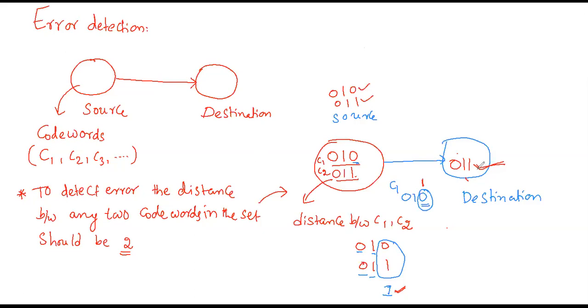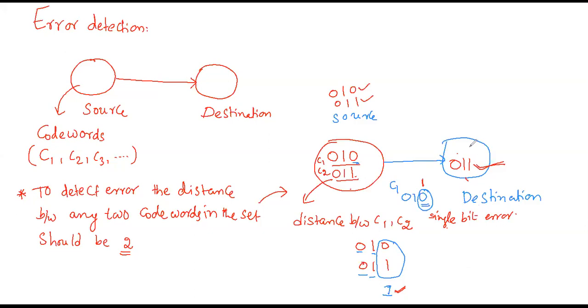If it is a single bit error, we receive data which is in the source set. If you receive data that is present in the source set, you consider it error free.